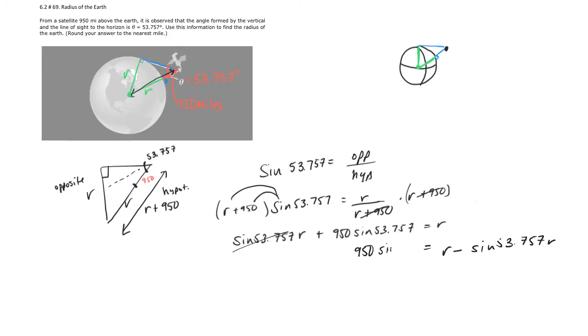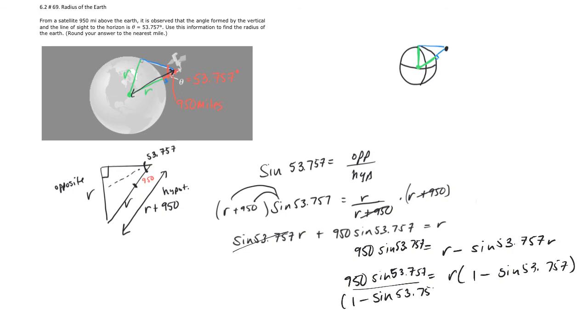Just to keep things accurate, I keep writing this big mess. Now let's factor out our r here: r times 1 minus sine of 53.757 equals 950 times sine of 53.757. Then we divide both sides by 1 minus sine of 53.757. That gives us the most accurate answer.